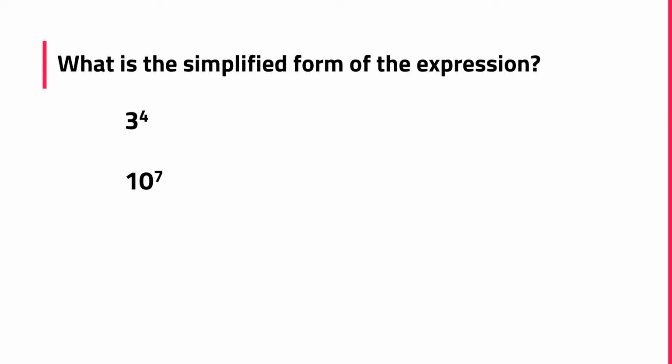So let's talk about how to simplify an exponential expression. So in this case, my base is 3, so I need a 3 as my base. But how many times am I going to write it? 4 times. 1, 2, 3, 4. We're going to multiply it by itself 4 times. Now here's where you can use a calculator.